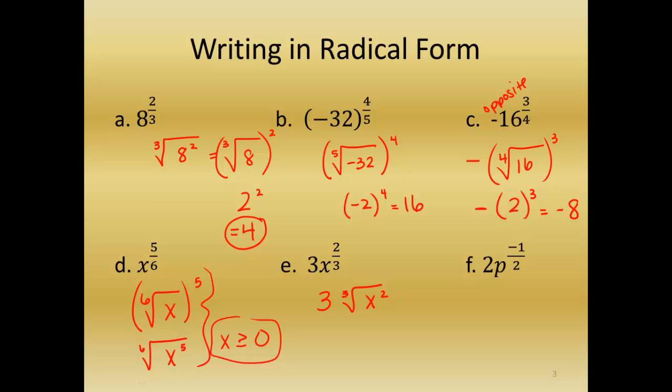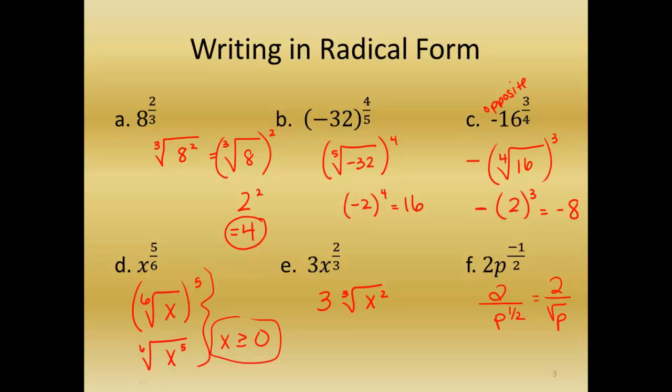Let's take a look at F. F has a negative 1/2 exponent, and just as we would have done for all negative exponents, we're going to have to relocate this to the denominator. Well, the 2 is going to stay in the numerator, and then I'm going to have p to the 1/2 in the denominator. Well, since our 1/2 represents a square root, this is really 2 over the square root of p. We could rationalize this.